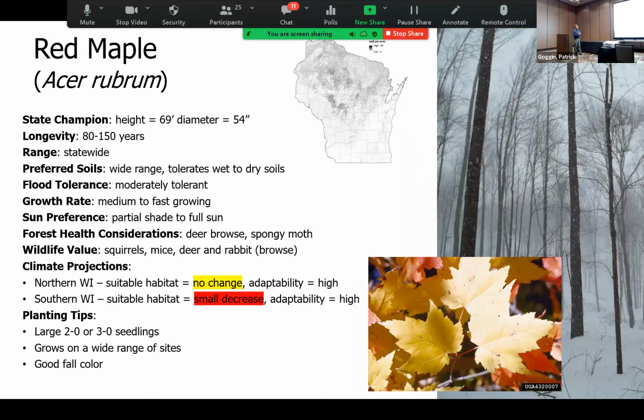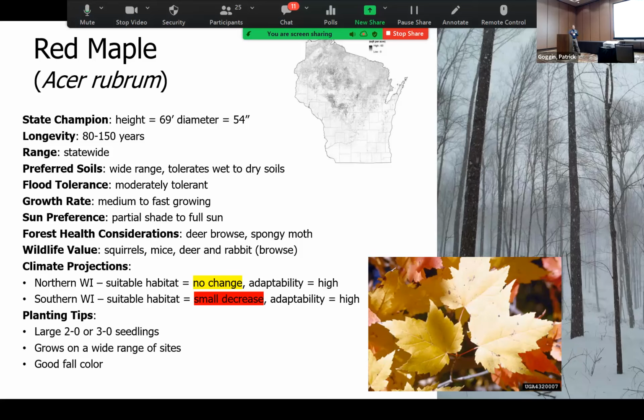It is widely adapted to a number of different soil types. So it will tolerate wet, not super wet. It's usually sort of on the edge of very wet swamps into the upland, all the way up to very dry soils. It is moderately tolerant of floods.